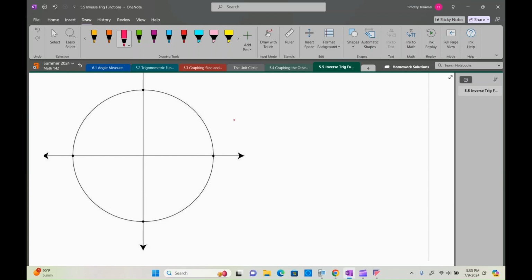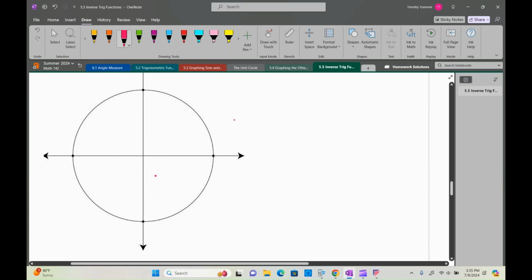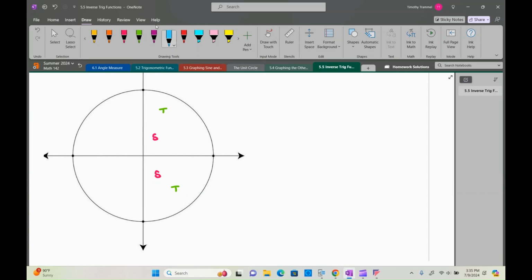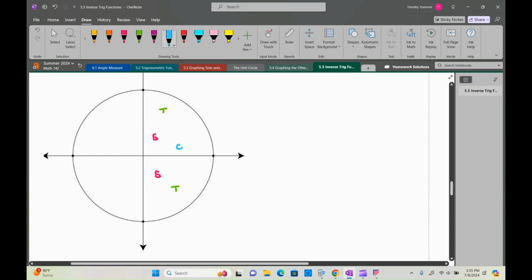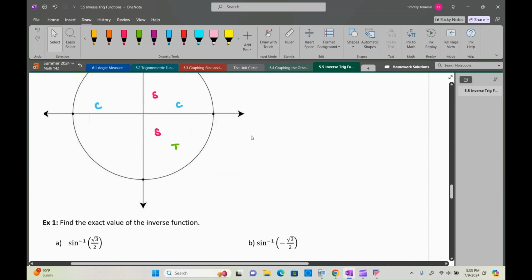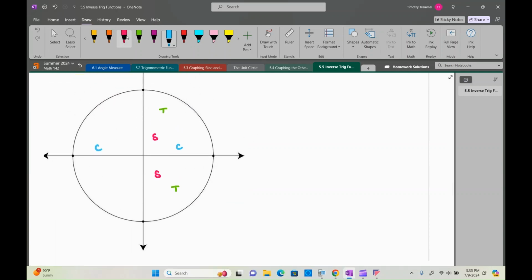So when we're talking about sine inverse and tangent inverse, we'll be in these two quadrants here. And then when we're thinking about cosine, that's the one that really differs. That one's 0 to pi. So cosine inverse can only give you angles from 0 to pi. Let's write in those important angles here.